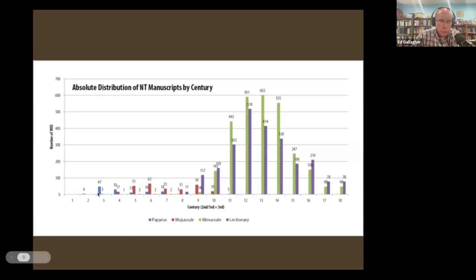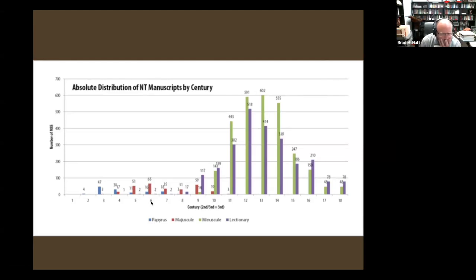From the third century, there are 47 papyrus manuscripts and 3 majuscule manuscripts. And then the fourth century, you've still got more papyrus manuscripts than majuscule. But then in the fifth century, papyrus is on the way out. And you've got 11 papyrus and 51 majuscule, so written on animal skin. And then already in the fifth century, you've got 2 lectionaries.